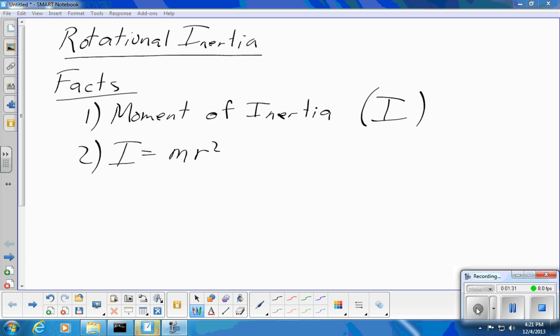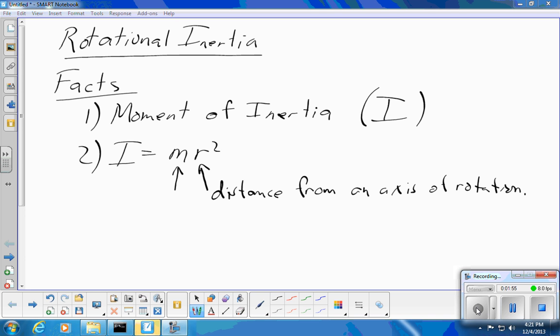And so this allows me to say something about moment of inertia, and that is that it's a quantity that depends on two things. It depends on mass, and it depends on where that mass is located. This is the distance from, what was it the distance from? Do you remember? It's the distance from an axis of rotation.